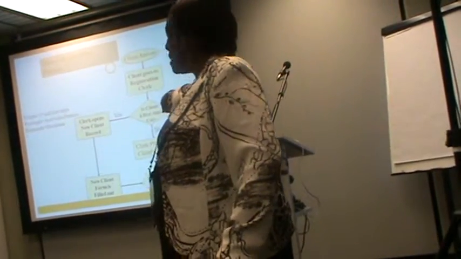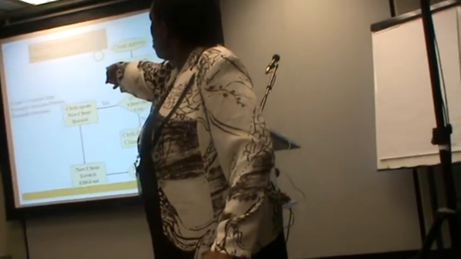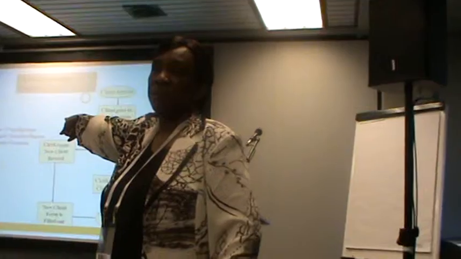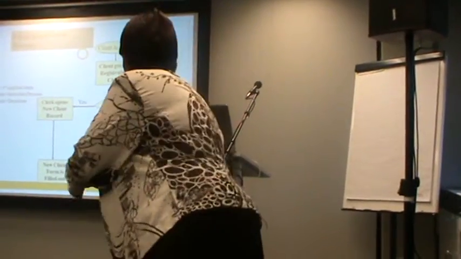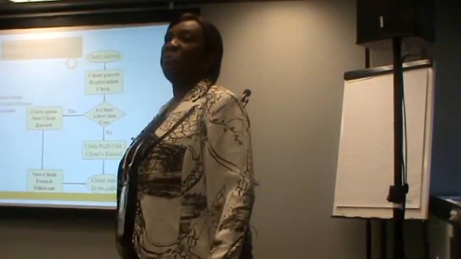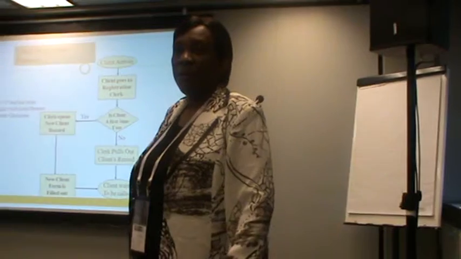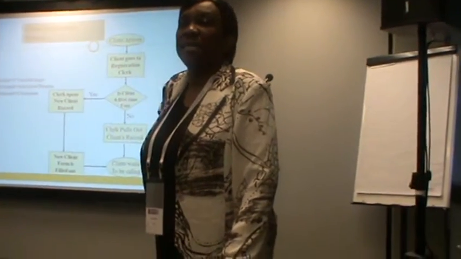Okay? So what happens? There's a delay there. Because what is going to happen to this poor patient? They're going to be treated like a first-time user, because they're going to register again. Okay? That is a point of frustration. Then the client waits to be called. They could wait forever, because the person seeing them might have gone all the way to another city to get their salary.